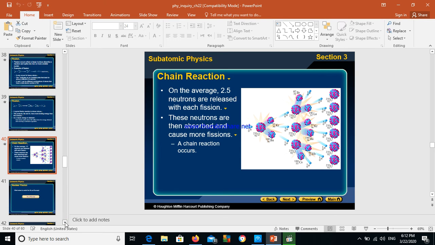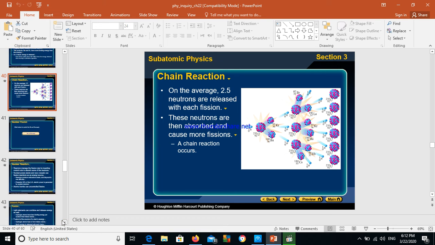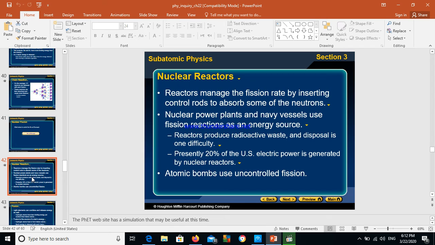After we saw the chain reaction, the nuclear reactors. Nuclear reactors are used to produce electric energy in many countries.